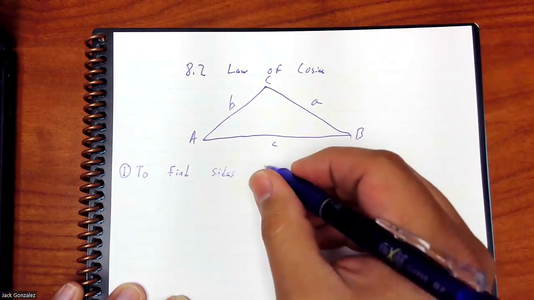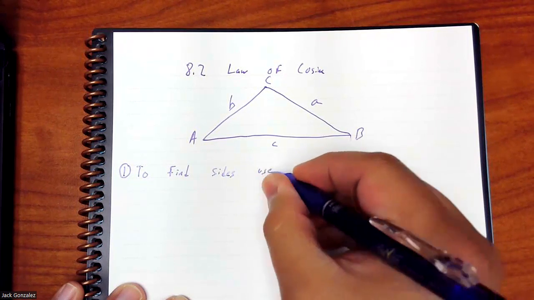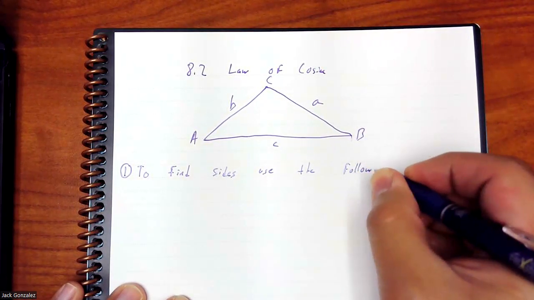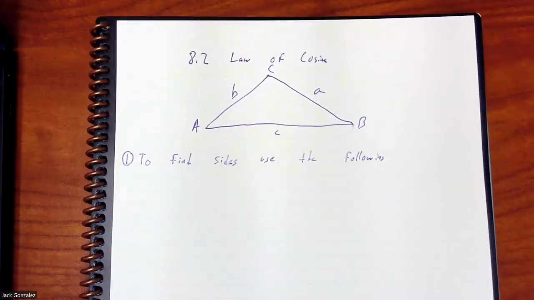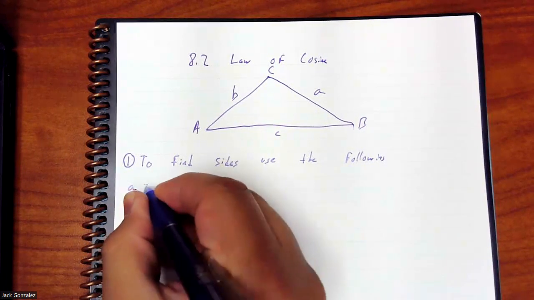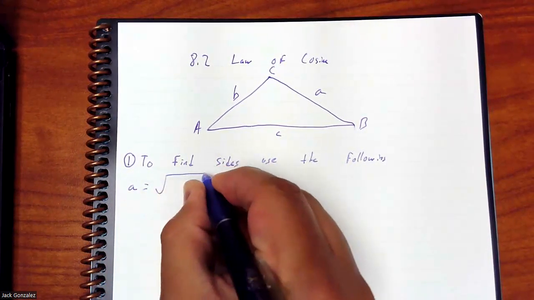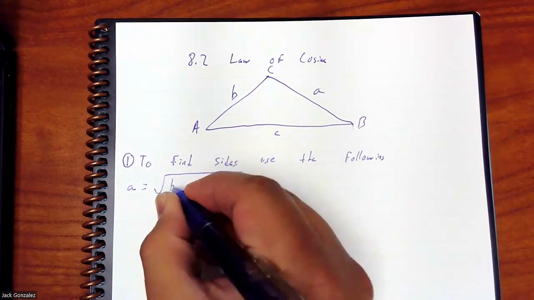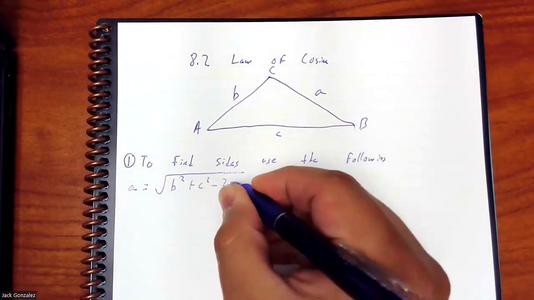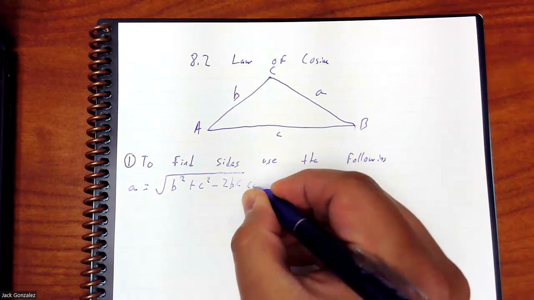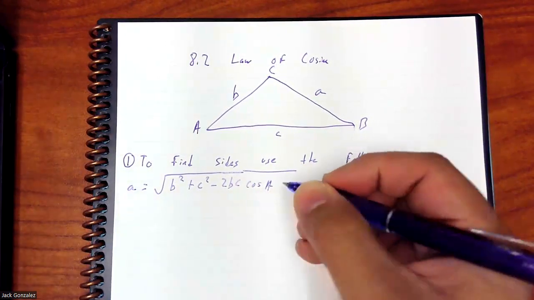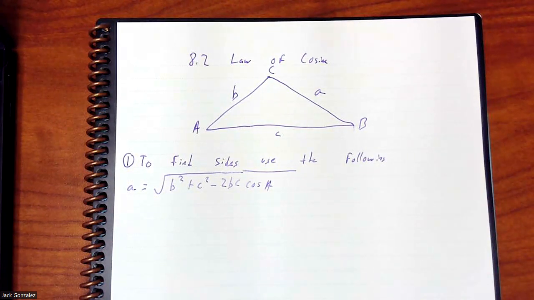To find sides, use the following. This is the first set of formulas for law of cosines. So lowercase a is equal to the square root of b squared plus c squared minus 2bc cosine A. That's 2 times b times c times cosine.